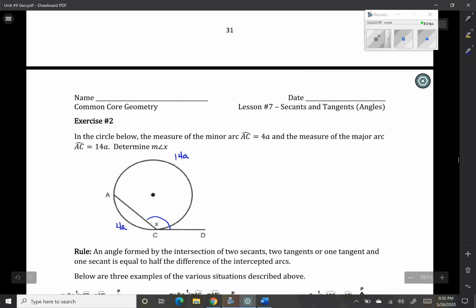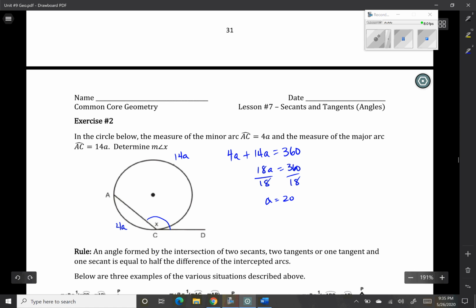To find angle x, I need to find whatever this measurement is. Now, these 2 arcs together make up the entire circle. So I can say the small arc, 4A, plus the big arc, 14A, has to equal a whole circle, 360 degrees. That should help me figure out what A is. Do some algebra here.